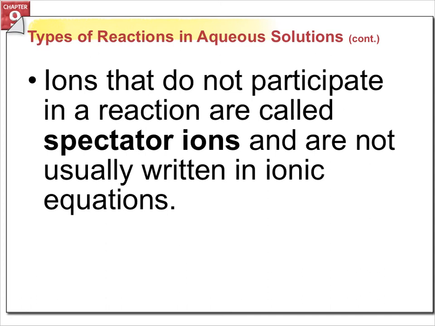All right, ions that do not participate in a reaction are called spectator ions. Okay, and they are not usually written in ionic equations. So spectator ions do not participate in the reaction, and so therefore we do not write them in ionic equations.